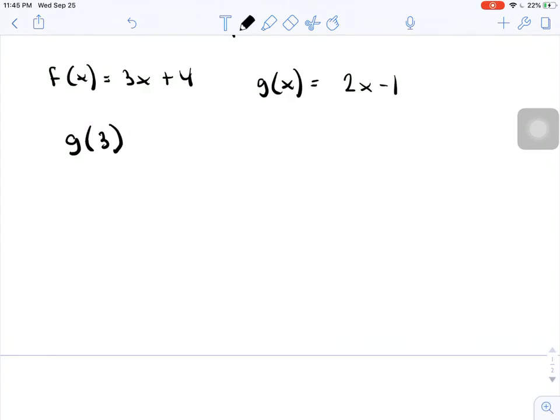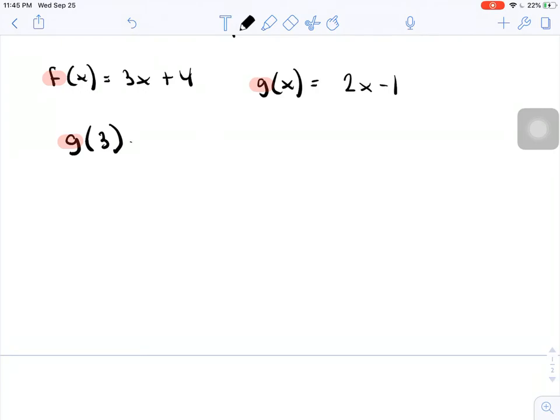Previously, you would have just had an input of 3 and you wouldn't have known without the function notation which function to fill this into. But because I'm working in function notation and I can see the names of the functions, I know which function I'm supposed to put that input in. Function g.